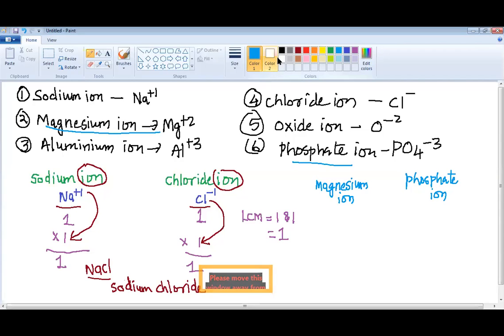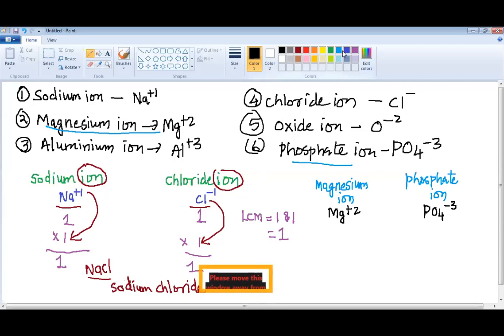For magnesium ion we shall write Mg plus 2. For phosphate ion we should write PO4 minus 3.